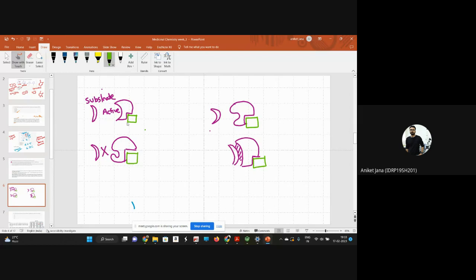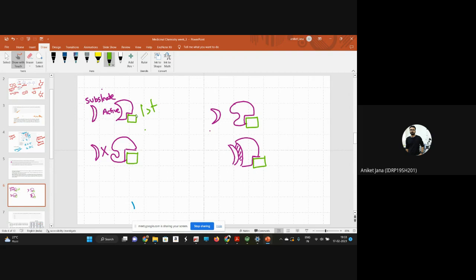This is our enzyme, and this is the active site of our enzyme. Other than this active site, there is some other site which is called the allosteric site of that enzyme, where a different type of molecule can bind. Now two different cases can take place. Let's first concentrate on our first situation. Here, this is the active site and this is our substrate, right?